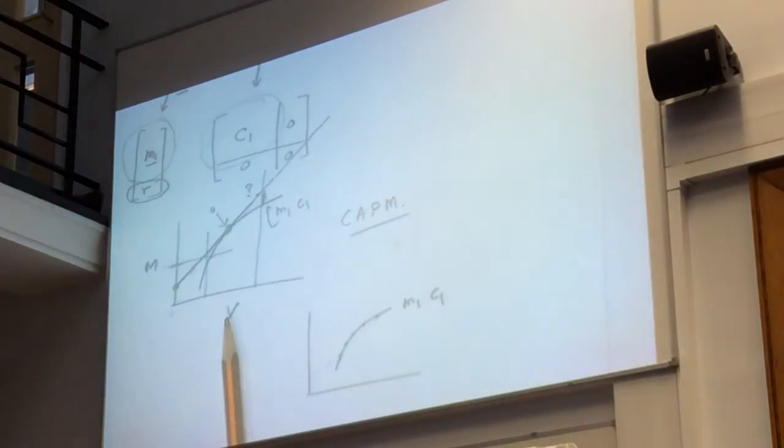So the first value is... this is minimizing risk. I'll just maximize. That's the last one. The last one is maximize gravity.